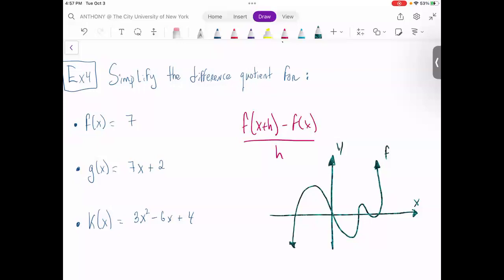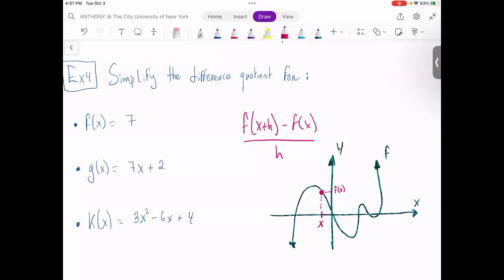Let's call one of those values specifically x. So when I choose my value of x, you can find the corresponding y value by looking at the graph, right? Our value of x, our value of y would be this, and we can call it f of x, okay? So that's one of my points.